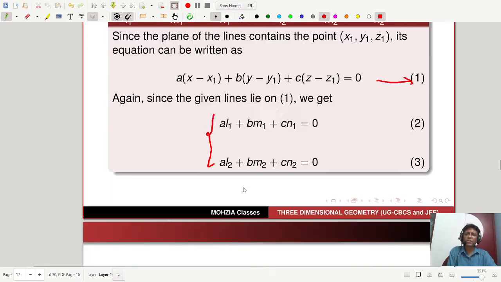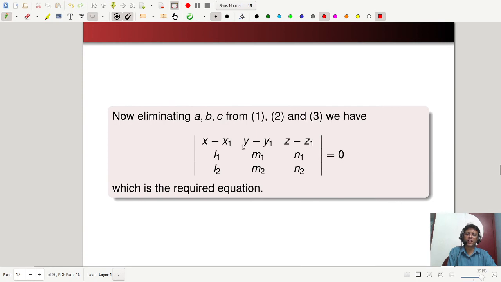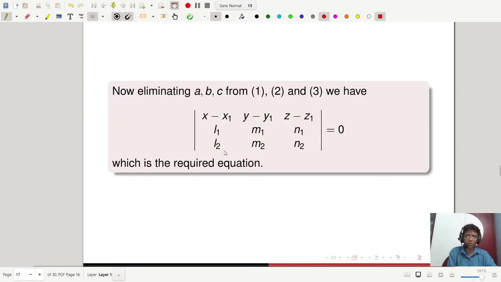So eliminating a, b, c, you will have the third order determinant with x minus x1, y minus y1, z minus z1. You have the variables x, y, z here, and this represents a first order equation in x, y, z. You know that any first degree equation represents a plane. So this represents a plane containing two lines.